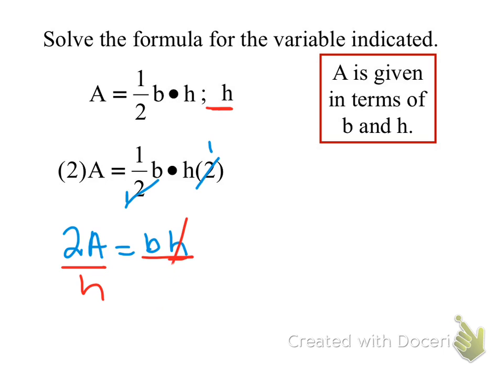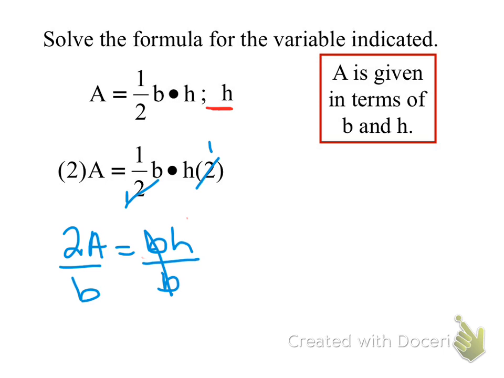Okay, so what am I doing? Divide by b on both sides. Thank you. I was left with BH, so now I'm going to divide by B on both sides. And what's left now, Michael? H equals. Start from left to right.